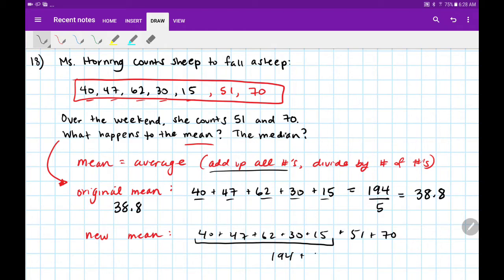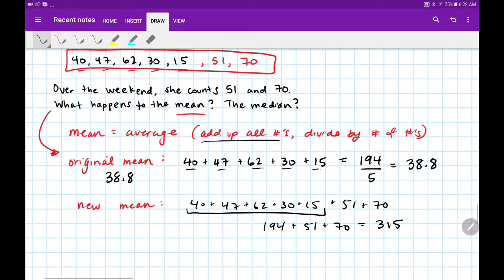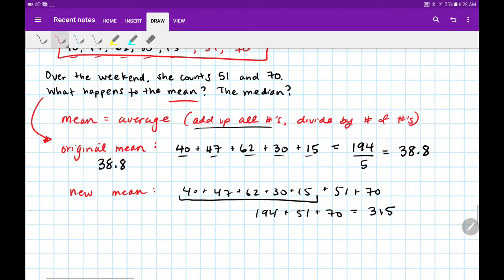So I'm just going to add on 51 and 70 for a total of 315. Check me on that. Don't trust me, actually do the math. And so then when we divide that, now we have to divide it not by 5, but by 7, because we added 7 numbers total. And when I did the math, I got a new mean of 45.